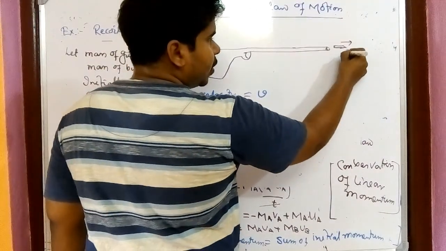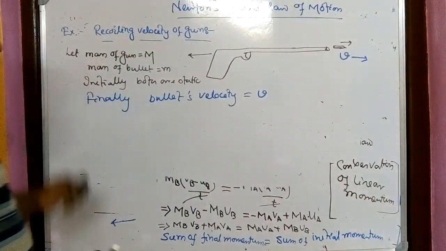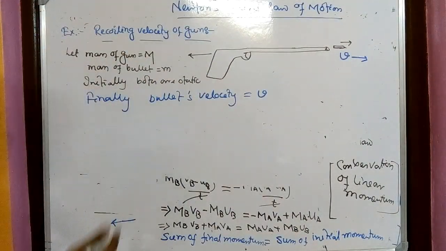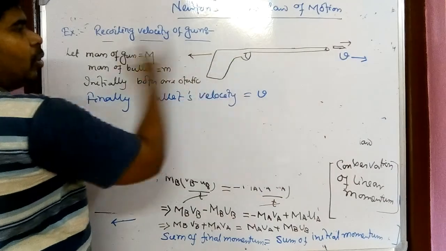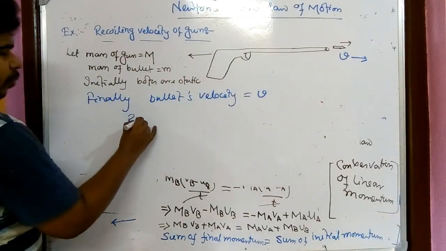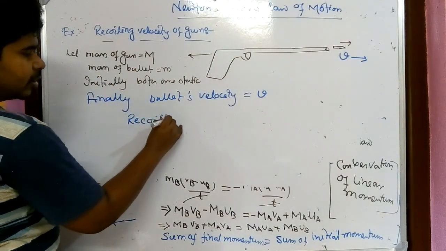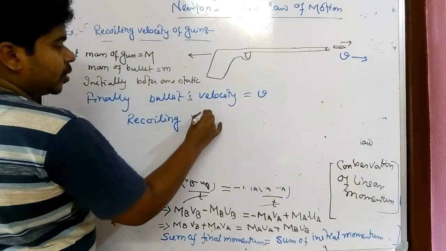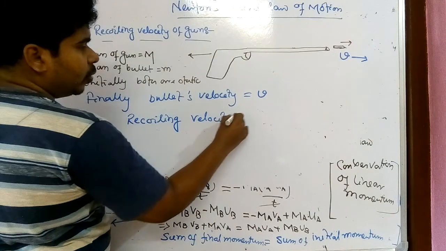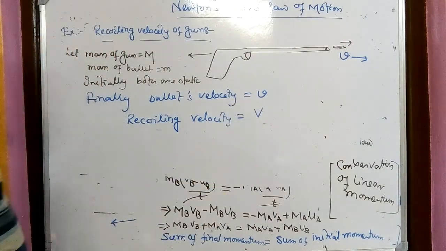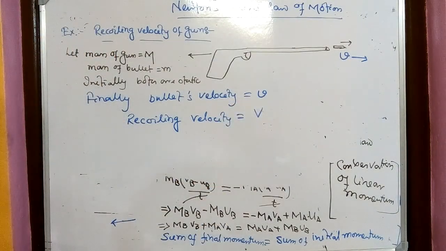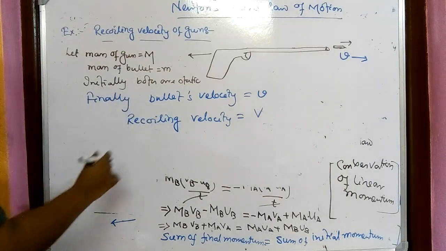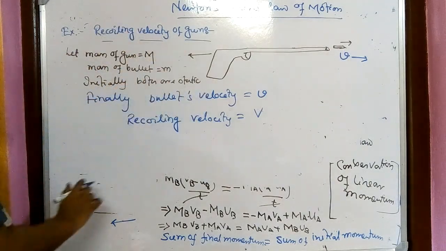Due to that you will get a blow in the backward direction, and that is known as recoiling velocity, the velocity of the gun in the backward direction. So the recoiling velocity is capital V.